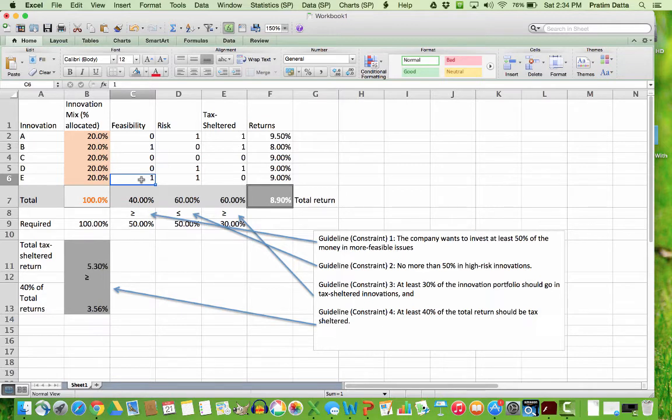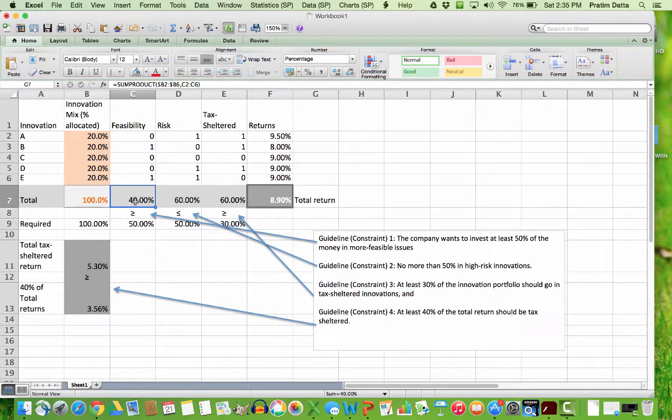Now, this calculation is simply put nothing but the sum product, which is innovation A's percentage times its feasibility, plus B's percentage times its feasibility, plus C's percentage times its feasibility, plus D's percentage times its feasibility, and plus E's percentage times its feasibility.